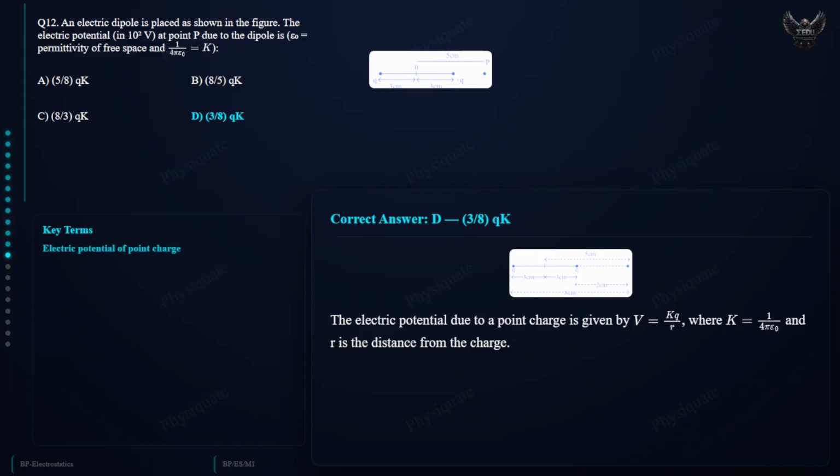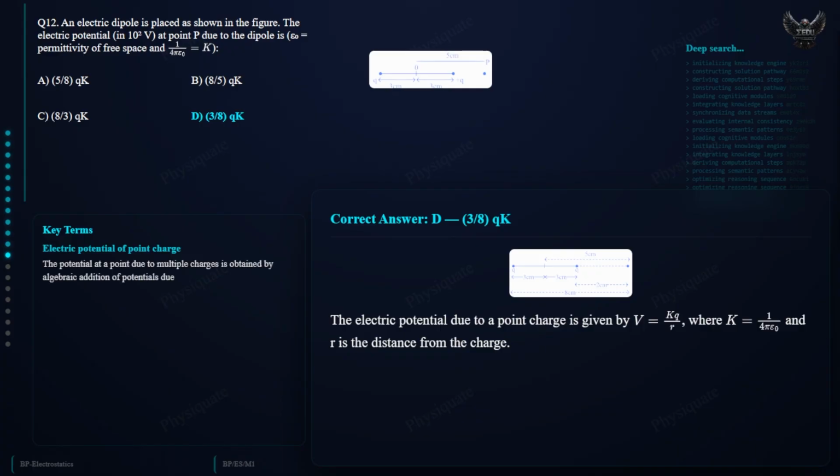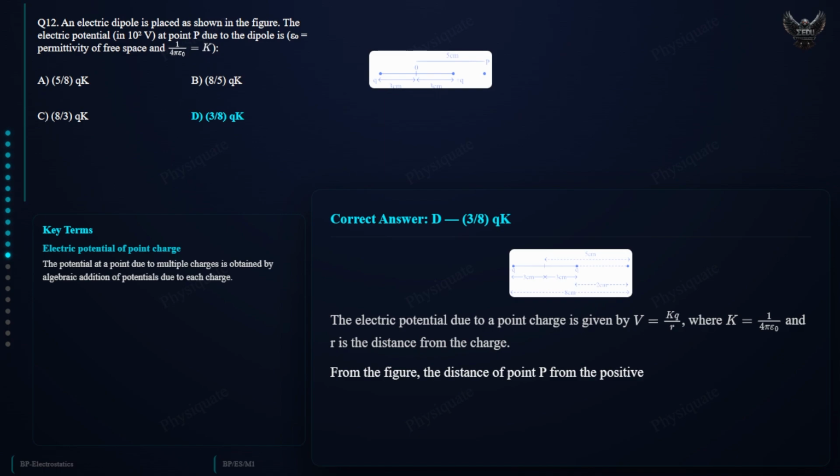Now let us consider electric potential of point charge. The potential at a point due to multiple charges is obtained by algebraic addition of potentials due to each charge. From the figure, the distance of point P from the positive charge plus Q is 2 cm and from the negative charge minus Q is 8 cm.